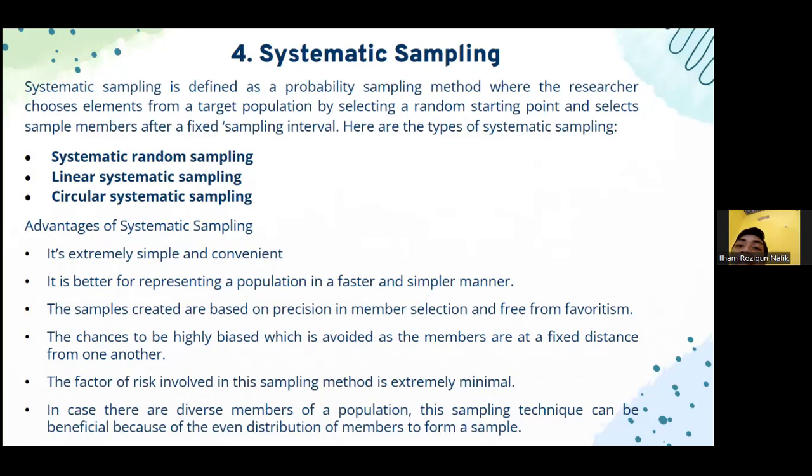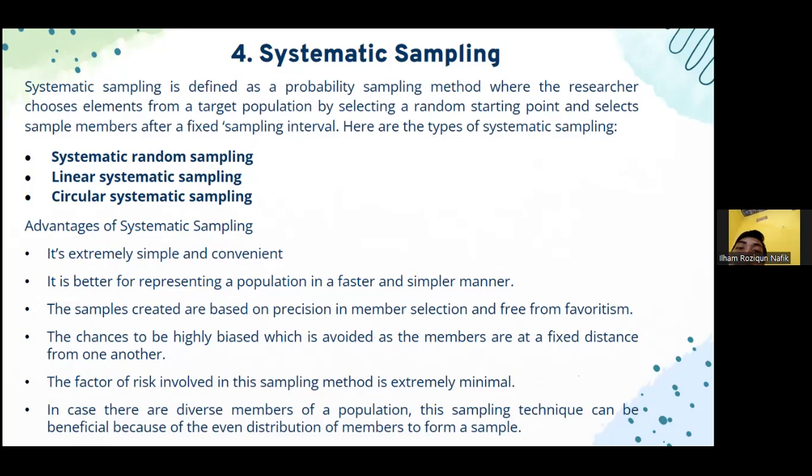There are advantages for this sampling technique. The first is it's extremely simple and convenient. The next is it is better for representing a population in a faster and simpler manner. The third is the samples created are based on precision in member selection and free from favoritism.